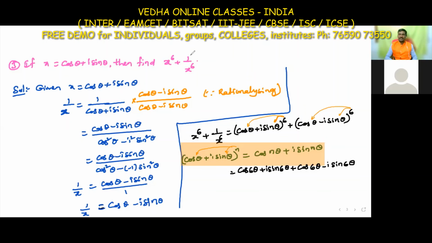So I sin 6 theta gets cancelled. Cos 6 theta plus cos 6 theta, that is 2 cos 6 theta. This is the required solution. X to the power 6 plus 1 by x to the power 6 is 2 cos 6 theta.